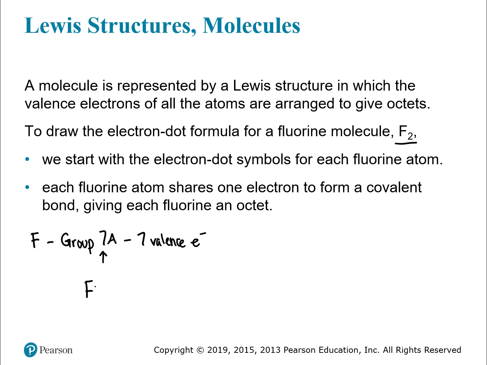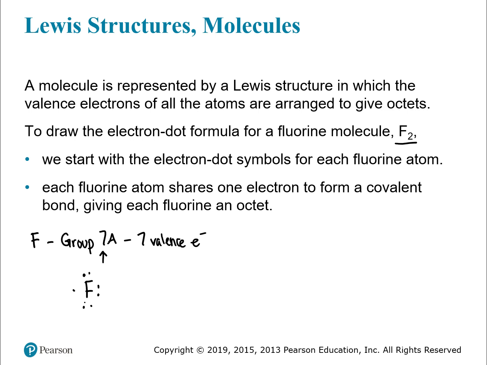To draw the symbol, you're going to draw the F, which is the element symbol. Then you're going to go around and fill in 1 dot per side until you've placed all your valence electrons. You don't want to pair up your electrons unless you have to.